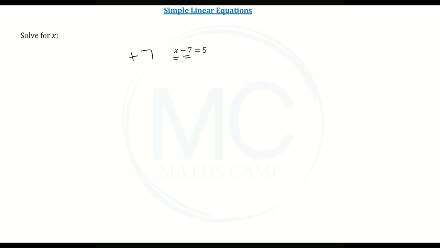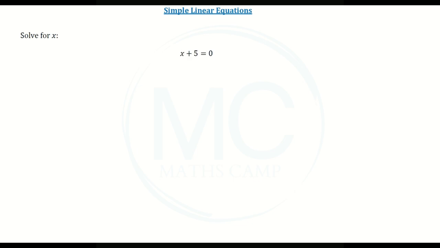Keep the equation in balance, so we add 7 on this side. Now we have x. Negative 7 plus 7 is 0. So these two will cancel. Put in your equal sign. 5 plus 7 is equal to 12. This is the value of x.